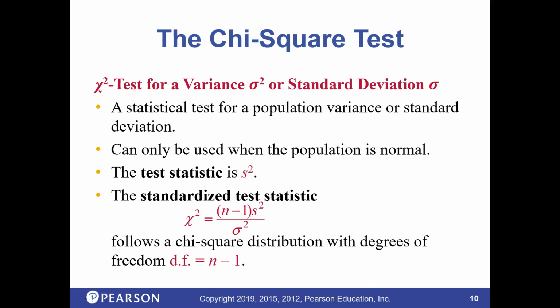Yes, we had something similar in chapter 4 and chapter 6, 6.5. We did the chi-square test for confidence.